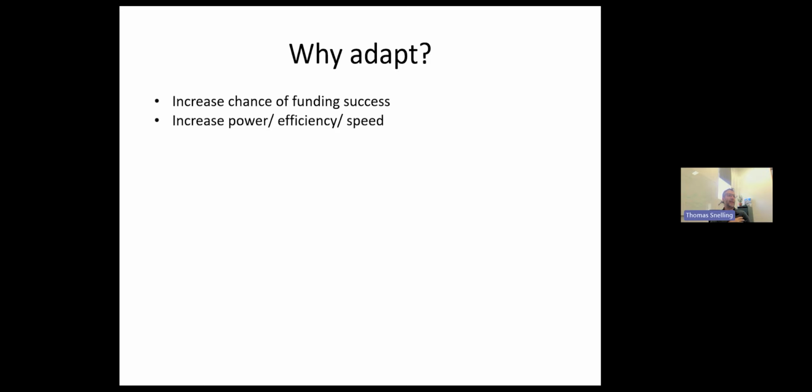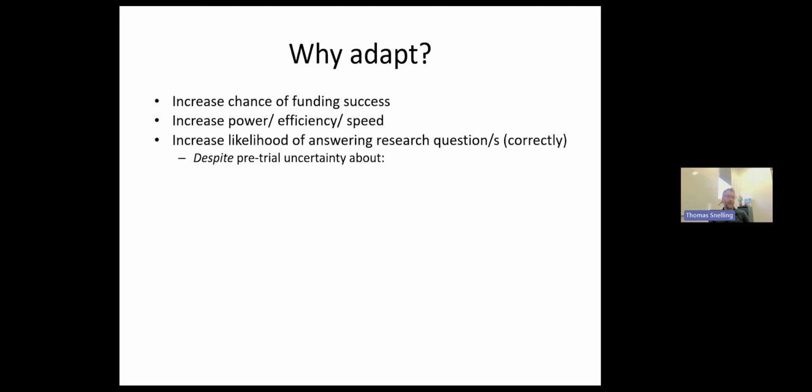For example, in the context of a pandemic, there's good rationale for wanting to be as quick as possible. But perhaps more importantly, one important motivation is that we believe adaptations could improve the likelihood of answering the research questions that we have and answering them correctly.